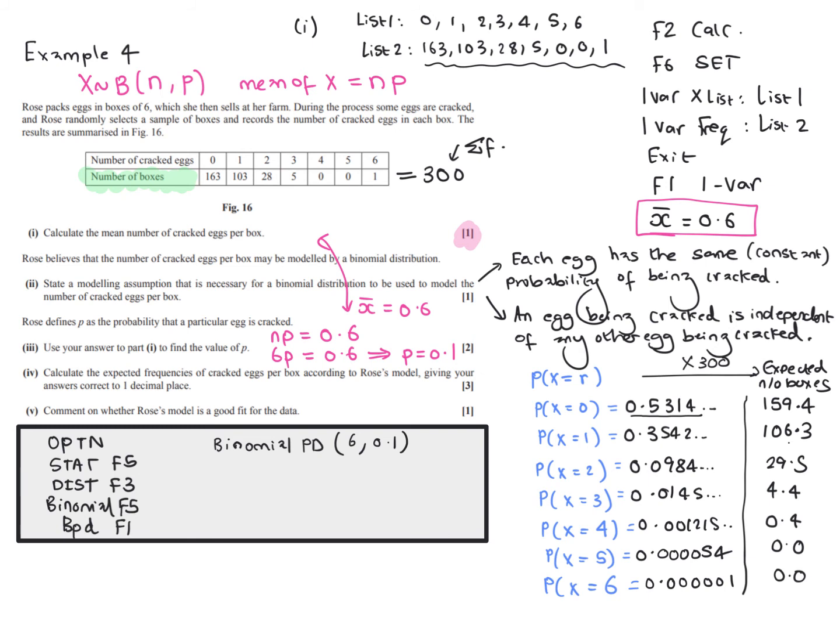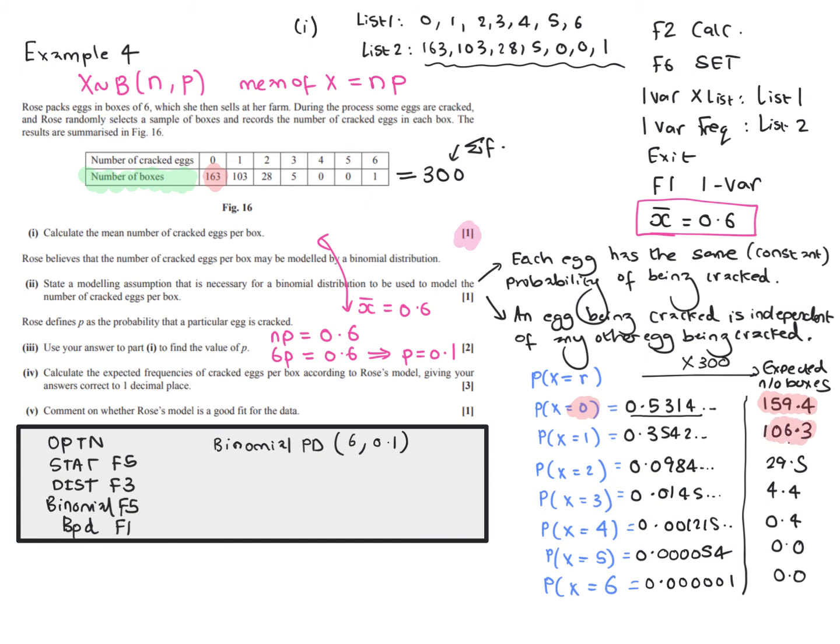Now, the last part of the question asks us to comment on whether Rosa's model is a good fit for the data. So let's compare the observed values with the expected values. So we actually predicted that there would be 159.4 boxes with 0 cracked eggs. There were in fact 163 in total with 0 cracked eggs, which isn't too bad a comparison.